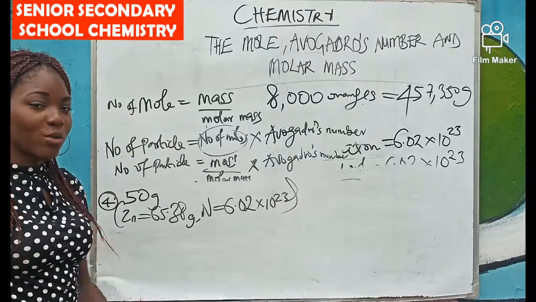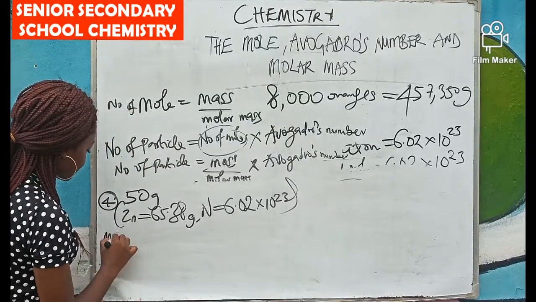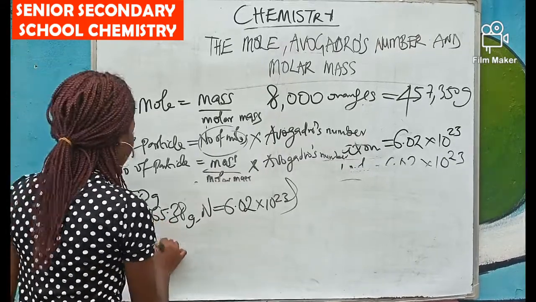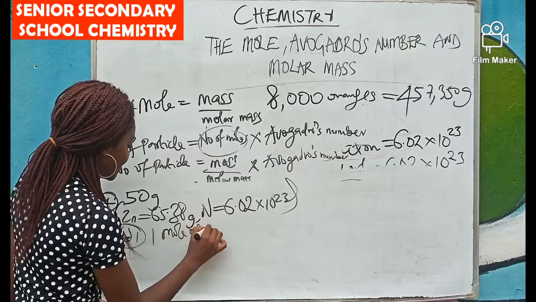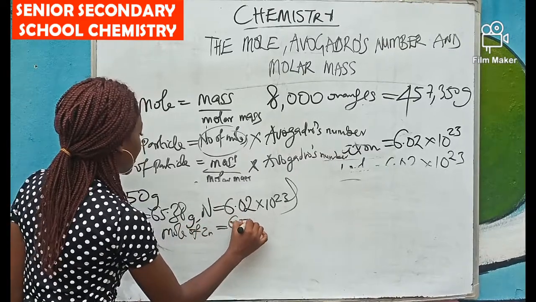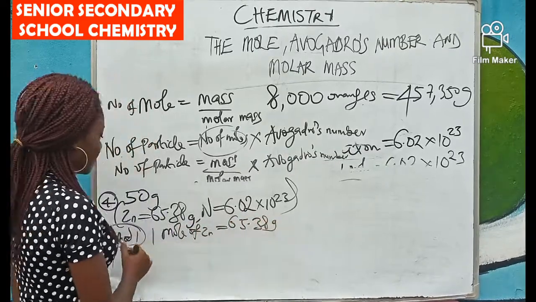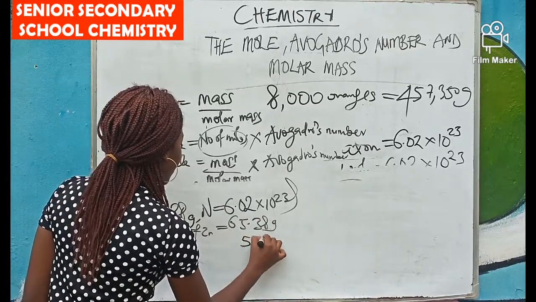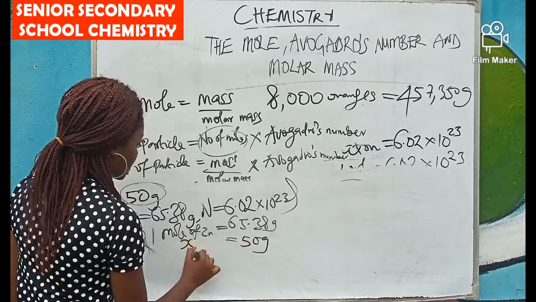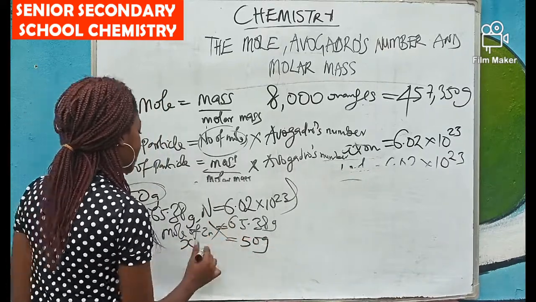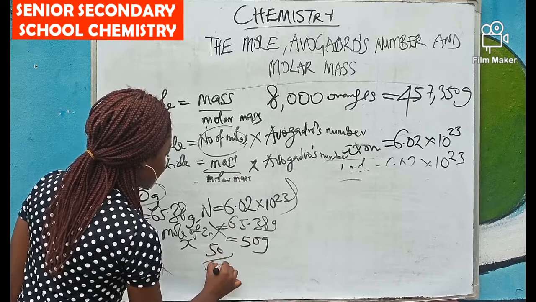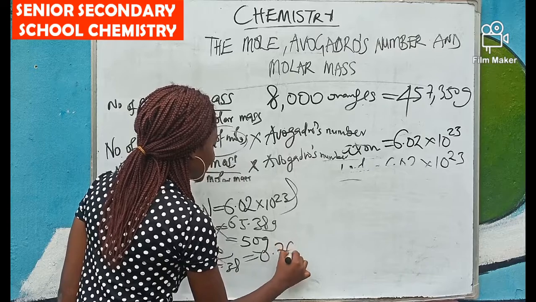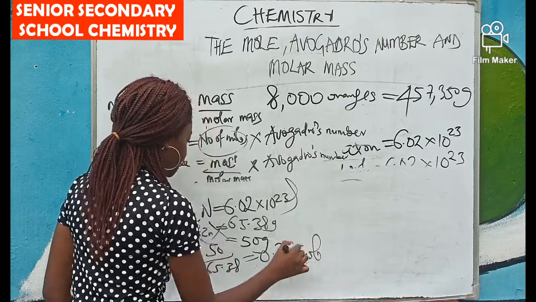Okay, so if we use our method 1, 1 mole of zinc is equal to 65.38 grams, and we're asked to look for the mole of 50 grams. So 50 grams equals X. When you cross multiply, this is 50 over 65.38, which is going to give us 0.765 mole.